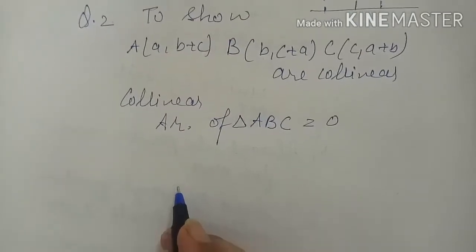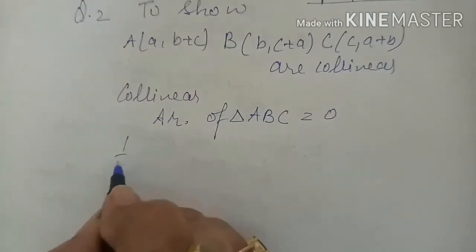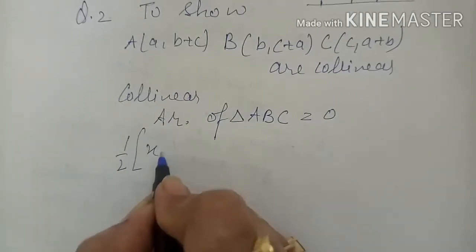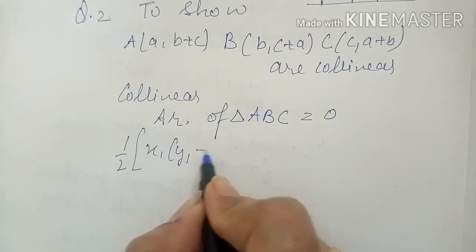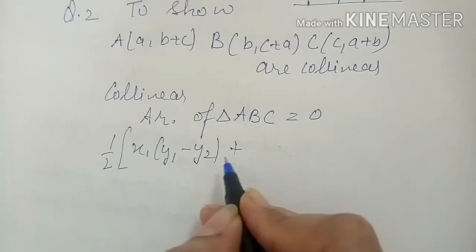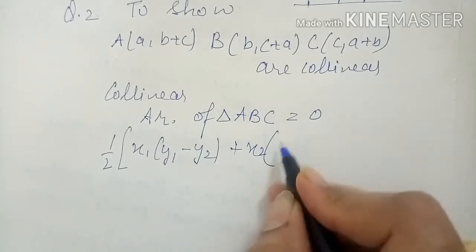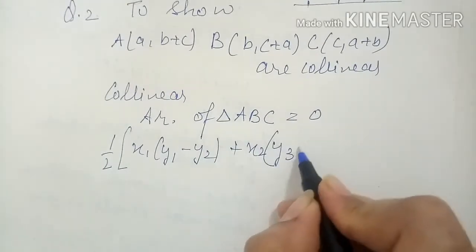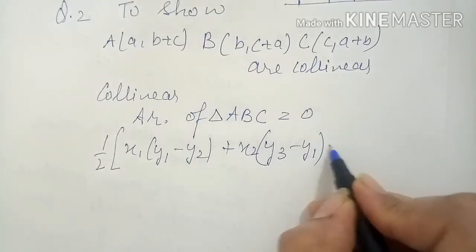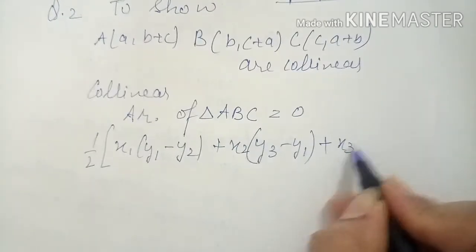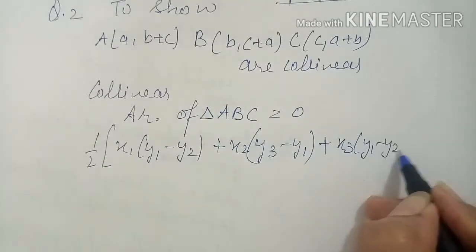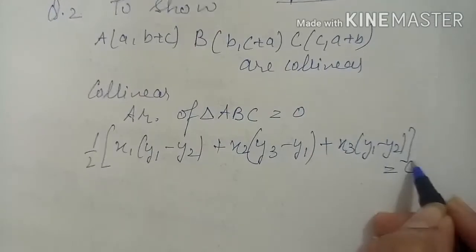So what we will do now, again we'll write the formula x1 times y2 minus y3, then x2 times y3 minus y1, and plus x3 times y1 minus y2 equals to 0.